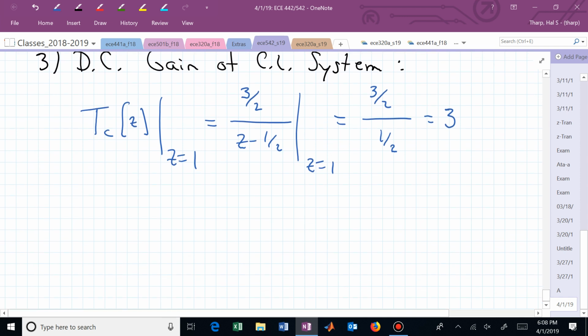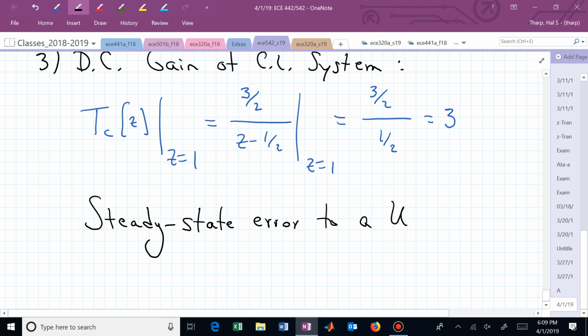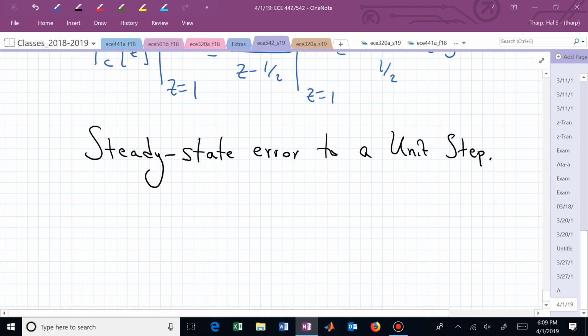Okay, let's investigate that a little bit. DC gain of 3. What is our steady state error if somebody applies a unit step to our system? What's the reference input at infinity, or at a big value of time, big N?